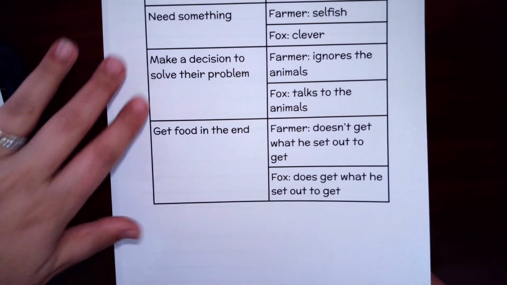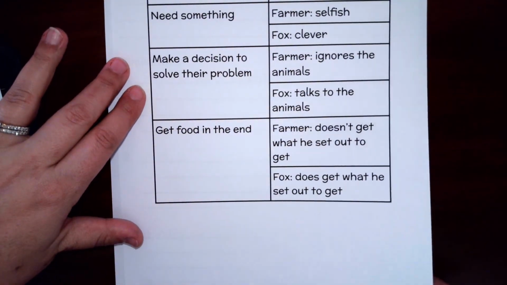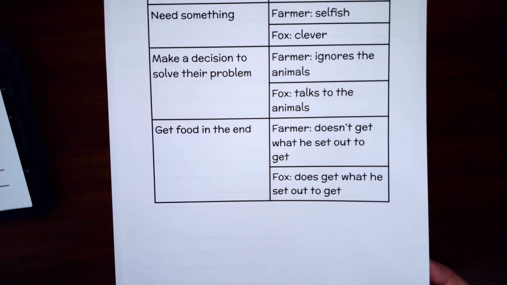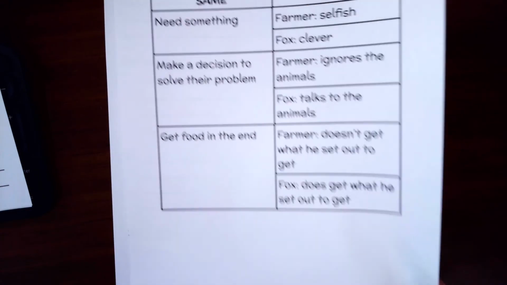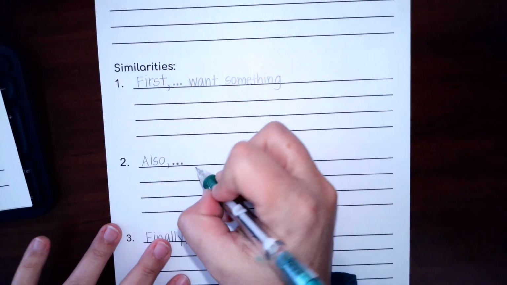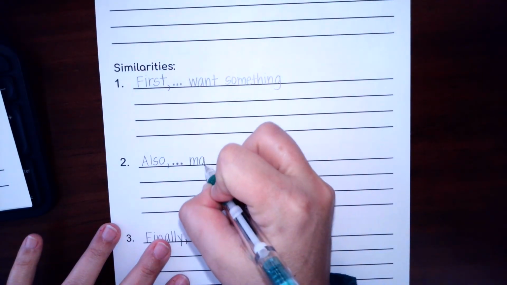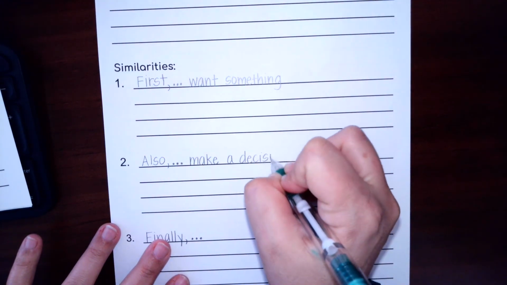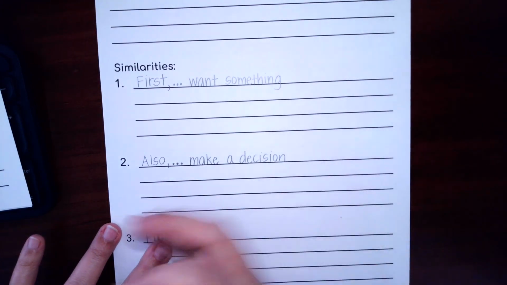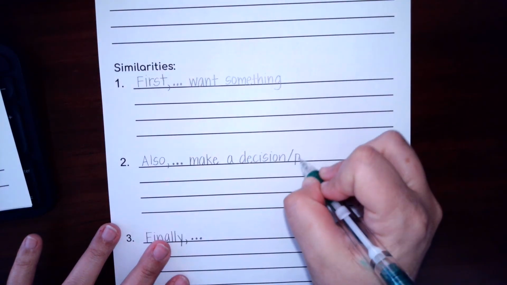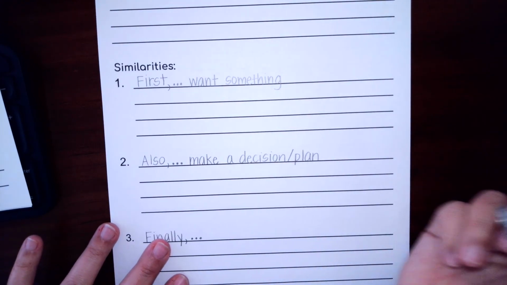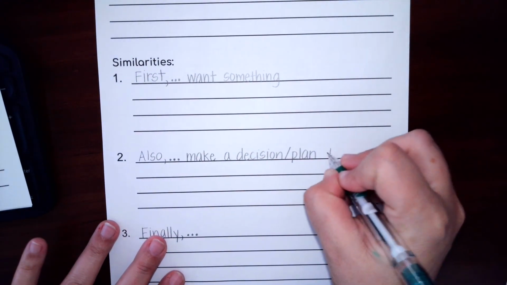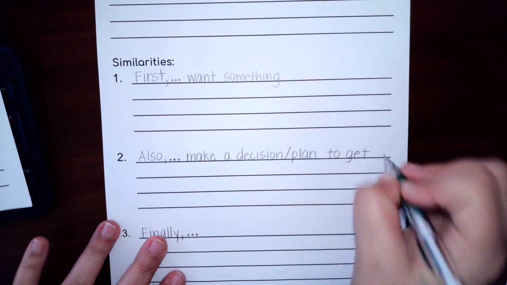Now the second one, they both made a decision to solve their problem, right? To solve what they wanted. So they decided, I'm going to do this to get what I want. Okay. So they both make a decision and I'm going to put slash a plan, and we can decide later what word we want to use to get what they want.